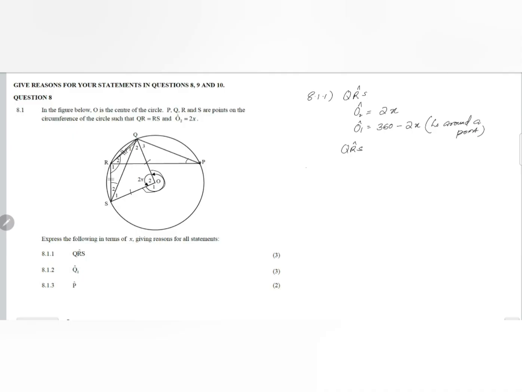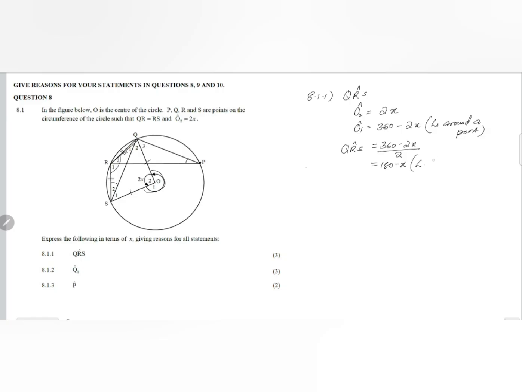So QRS, we will get it as half of O1, isn't it? That is 360 minus 2x divided by 2. It is going to be 180 minus x. What is the reason?